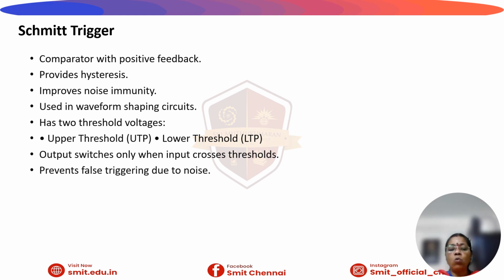This prevents the output from chattering or oscillating when a noisy input signal is near the reference voltage. The output switches only when the input signal crosses the threshold level. It prevents false triggering due to noise.